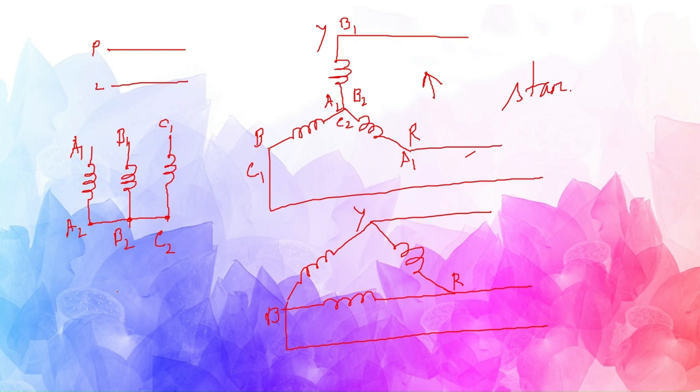And if I have three windings connected like this, with names A1, A2, B1, B2, and C1, C2, the connection will be like this: A2 will get connected to B1, B2 will connect to C1, and C2 finally will get connected to A1.